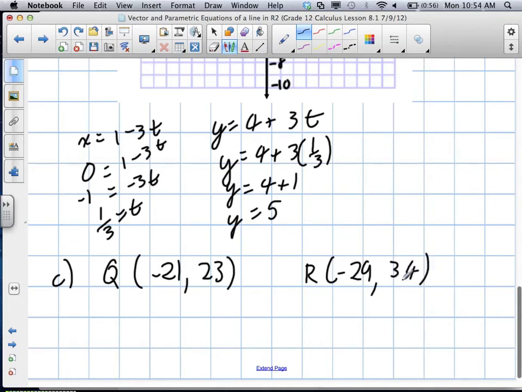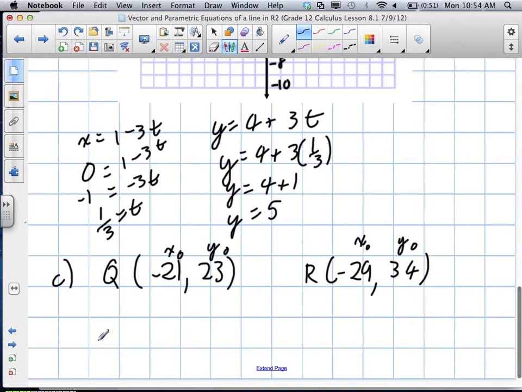Well, we could go up to our graph and sketch it, but that could take quite a while. Instead, we're going to use the parametric forms of our equation to solve this.